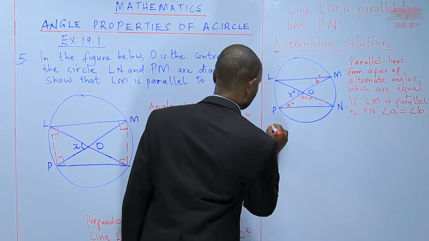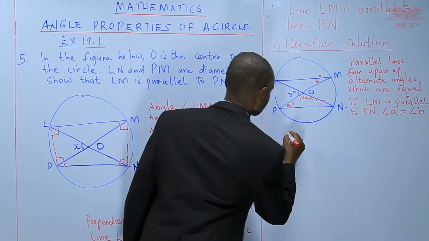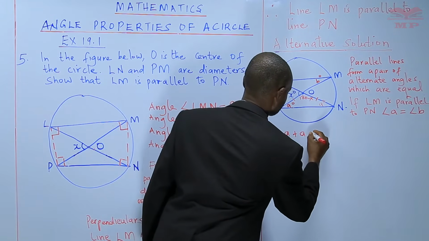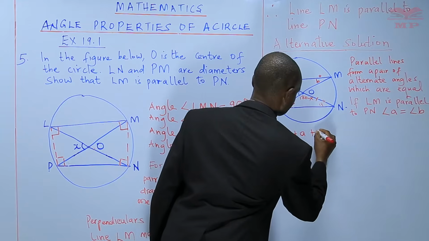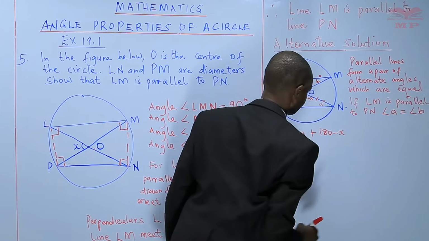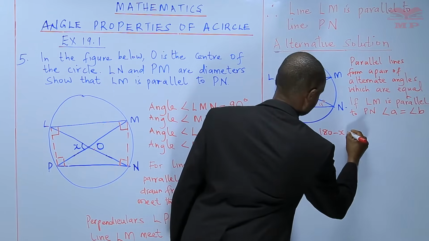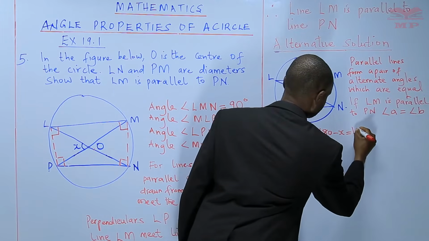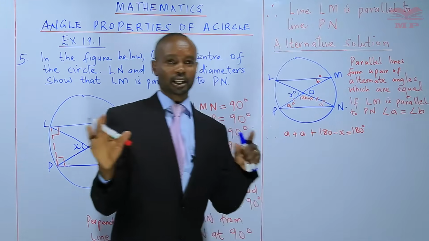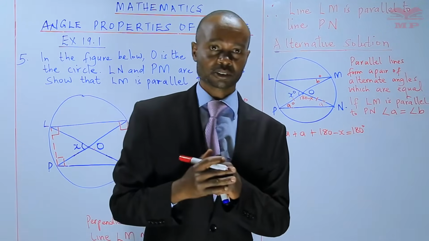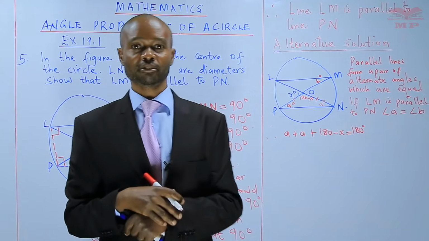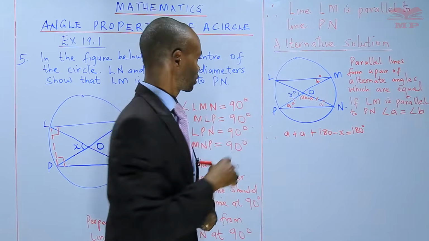So therefore A plus A plus 180 minus x should give us 180 degrees, because there are three angles in a triangle. So from that equation, we shall get the value of A. So we continue.